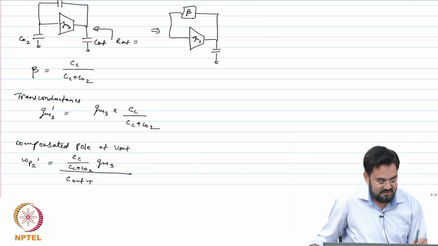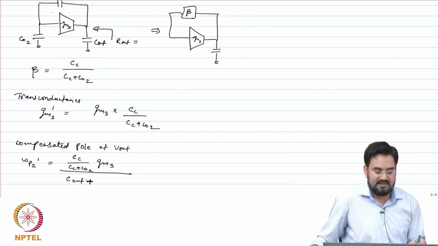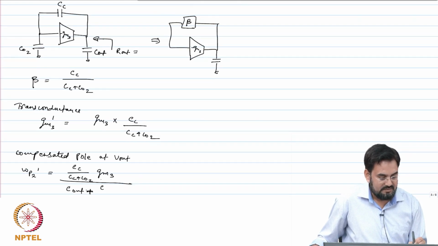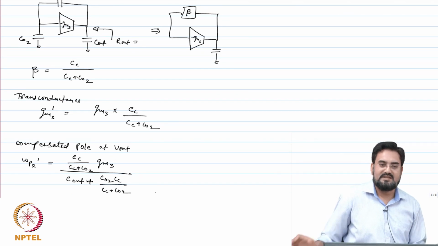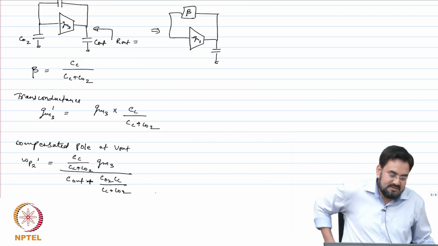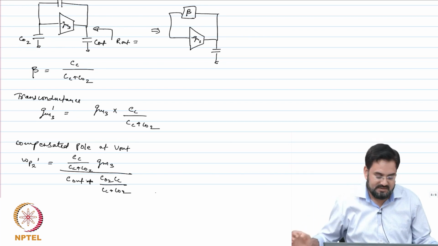In the series, how do you write the cap? CO2 Cc by CO2 plus Cc, just like a parallel capacitor you write a series, parallel resistor you write a series cap.